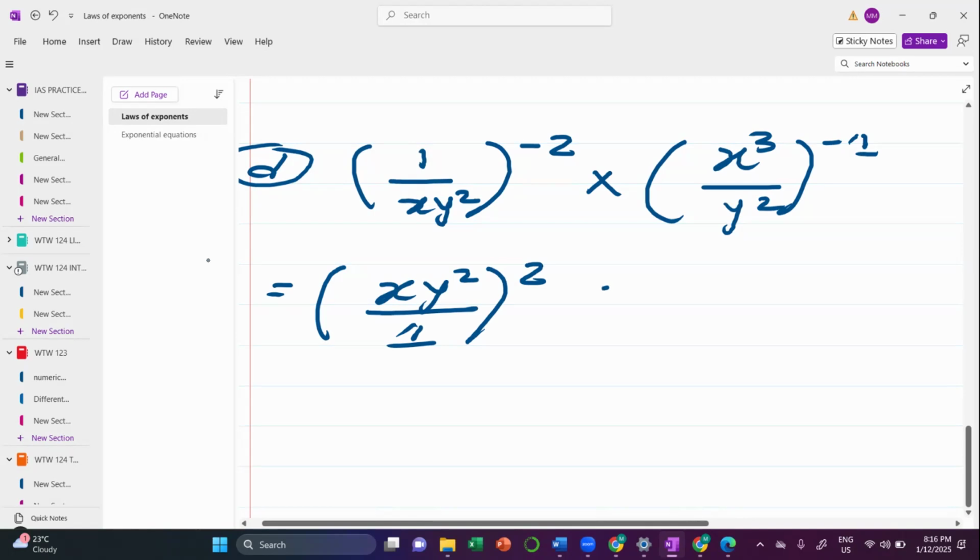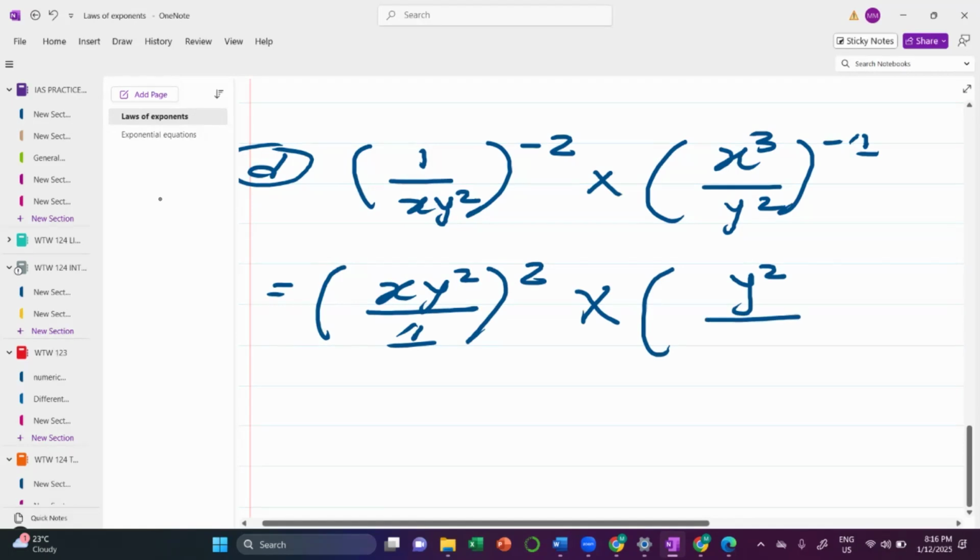Positive. And I'm now going to keep my multiplication sign. And then I'm going to take this, I'm going to change this -1. So what am I going to have? I'm going to have y squared all divided by what? X cubed. Now this one is now positive. Do we understand each other?